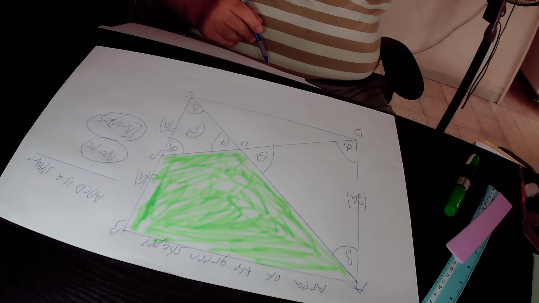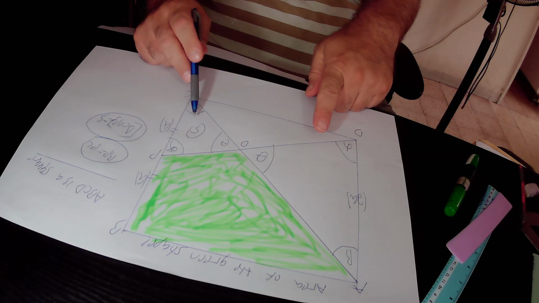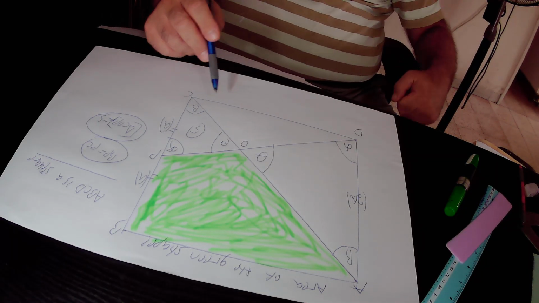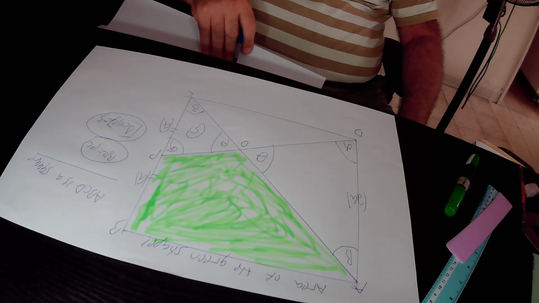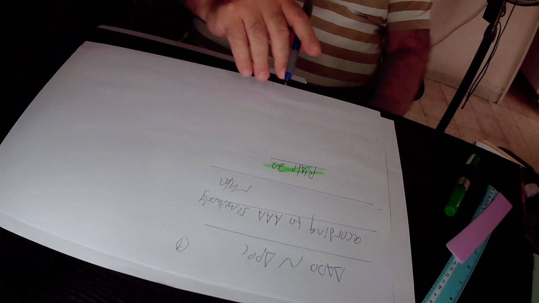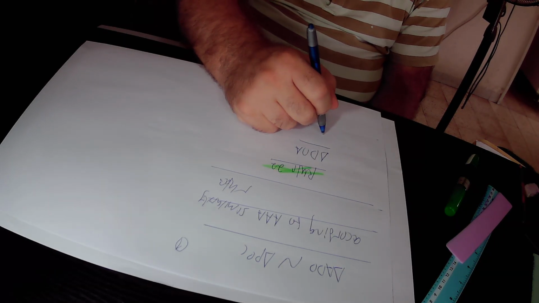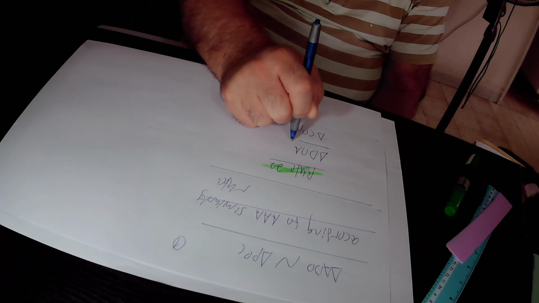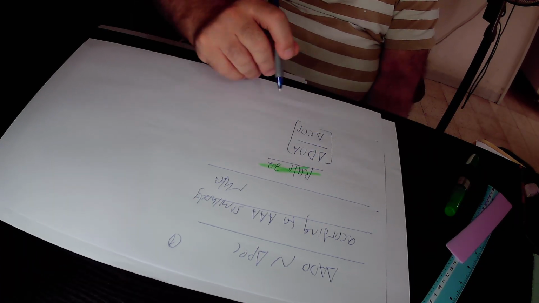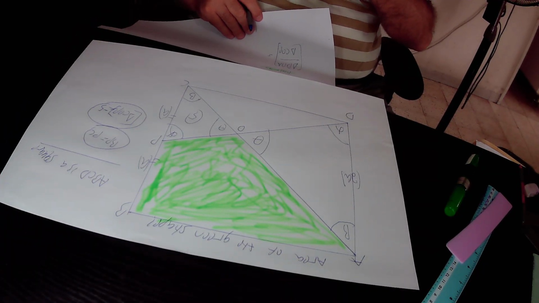So according to rule 22, the ratio between the areas of those two similar triangles, the area of the big triangle DOA over the area of the small triangle COP, equals the square of the ratio of their corresponding sides.